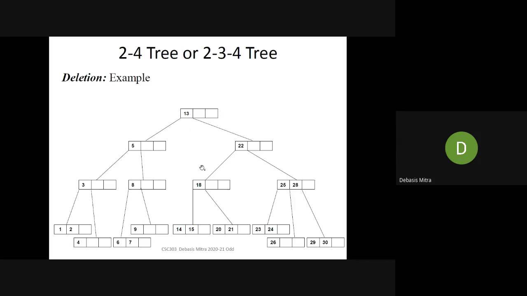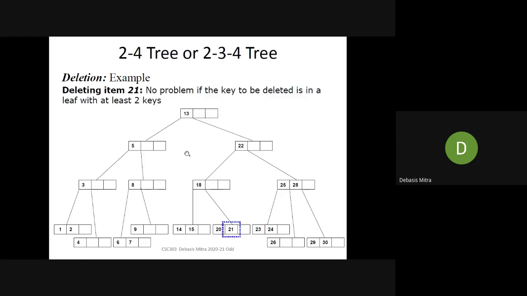So this is the starting point, the B-tree. Now I will illustrate the different cases of deletion by deleting at different places. Let us delete item 21. This is the most trivial one, since 21 appears at a leaf. In this figure, it may apparently look like all leaves are not at the same depth. Actually, they are.